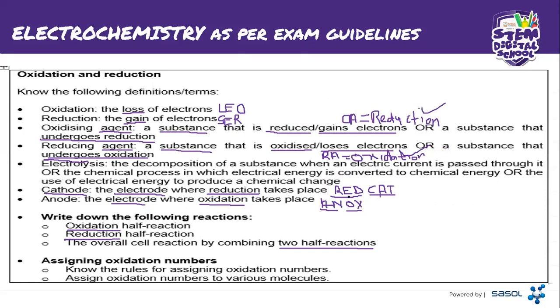I said to you reduction occurs at the cathode. So at this electrode that we call the cathode, we know that is where we will have the reduction, and we must be able to write down the reduction half reaction. And then at this electrode, which we call the anode, we'll remember the code there, an ox, which tells us that oxidation, or rather at the anode, we have oxidation.